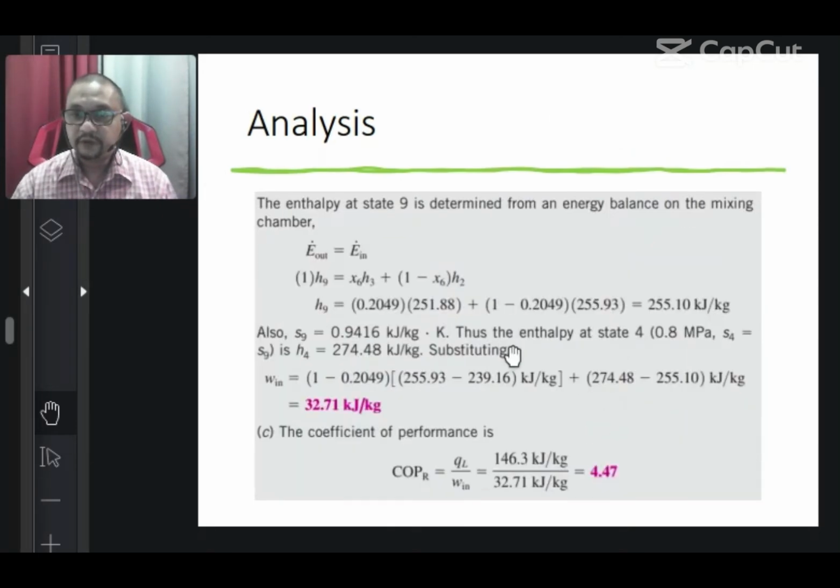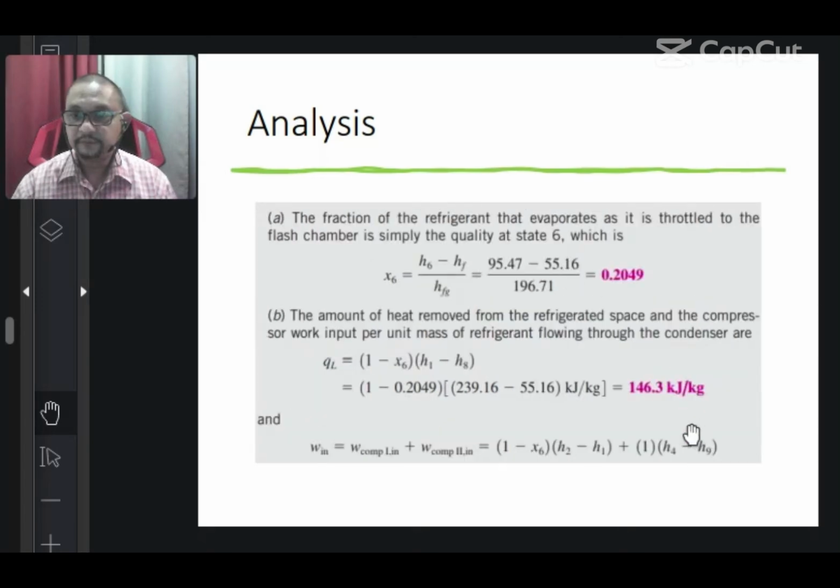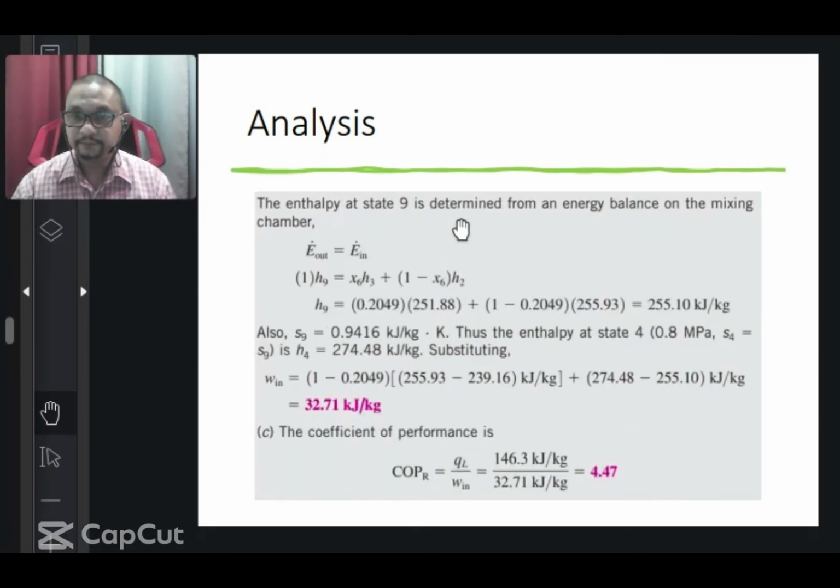So put all the values in to know the work in, okay, but you don't know the amount of H9. So what you have to do, the enthalpy at state 9 is determined from the energy balance of the mixture chamber.